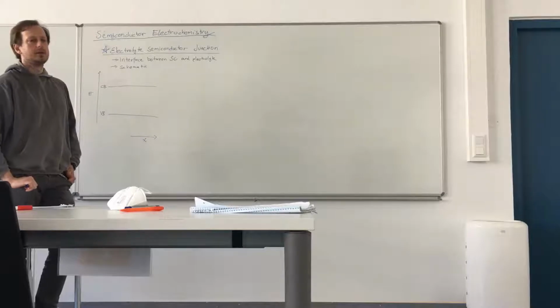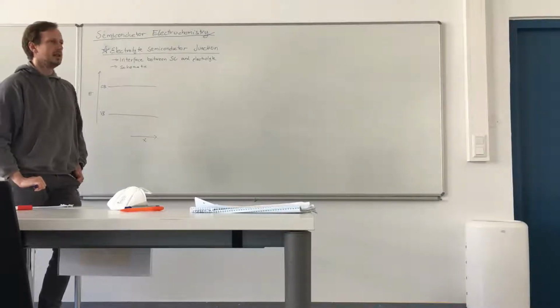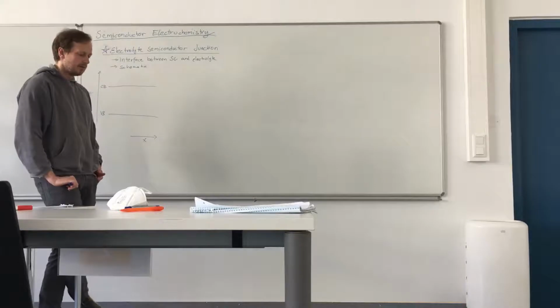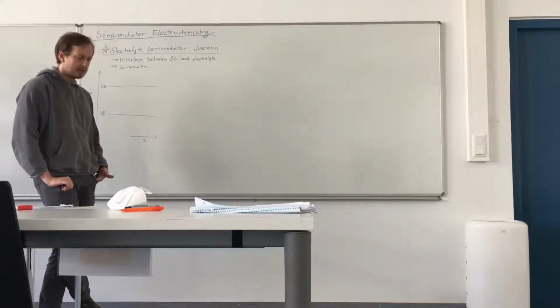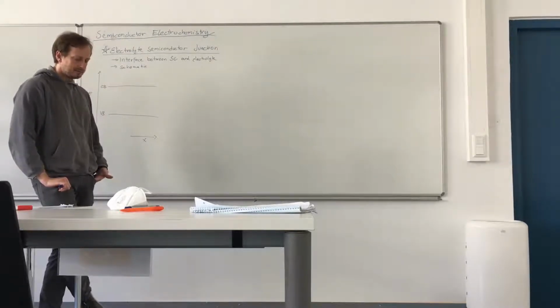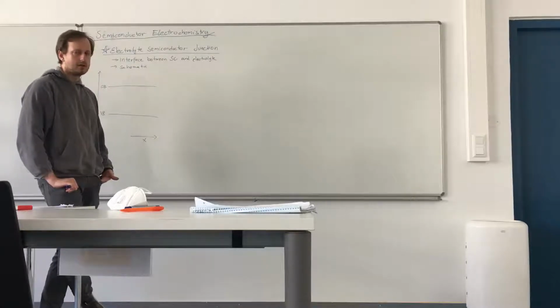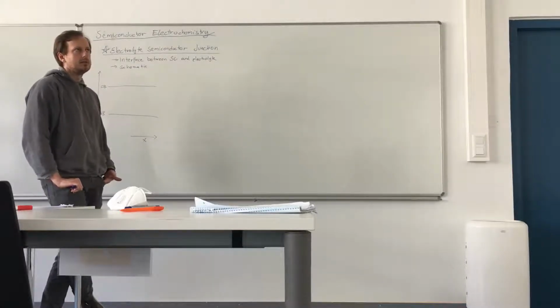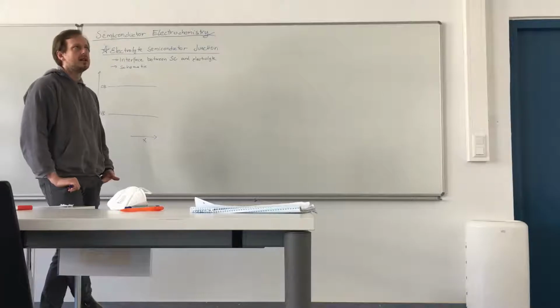The semiconductor, like the most prominent example being silicon, is made up of electrons, and some energy states are not possible to be occupied by electrons.